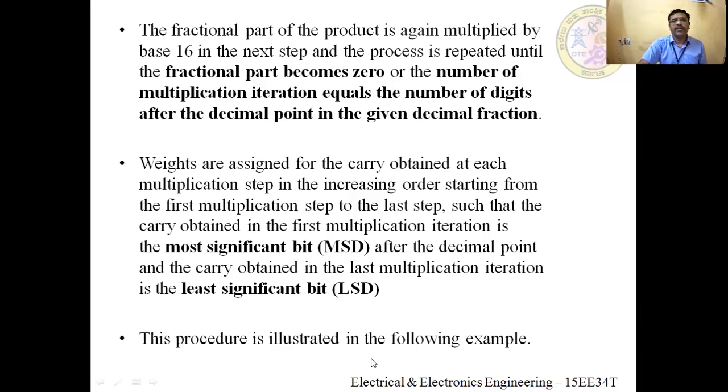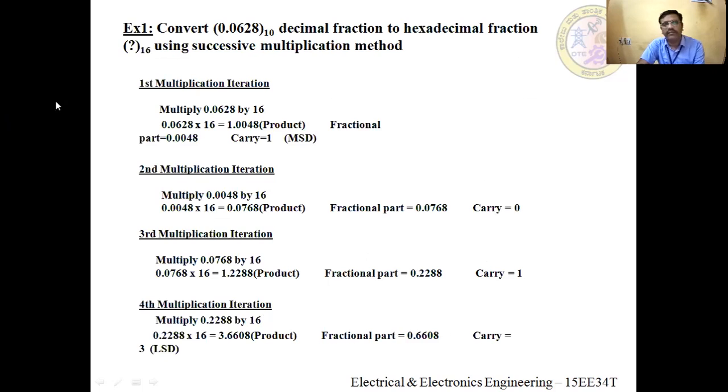So which is your LSB? The carry obtained in the last multiplication step is the LSB. The carry obtained in the first multiplication iteration is the MSB. I will explain clearly in the example.